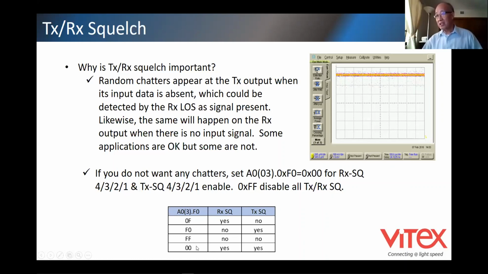You set this register like this, and it shall give you the desired results, right? But some customers, they want chatter because they want the link always to be on. It doesn't matter. So some of them don't. So this is one parameter you can play with on the transceiver.